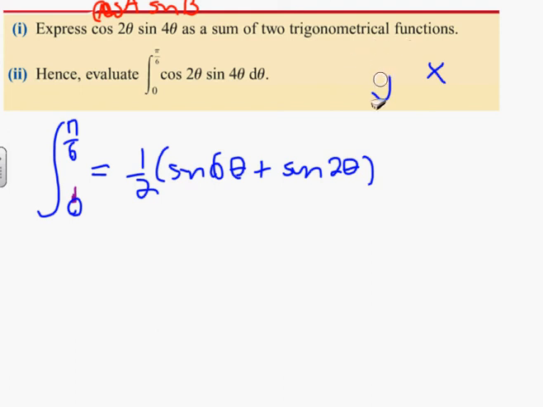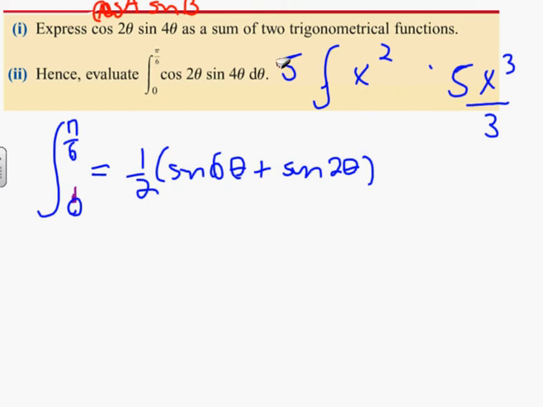The integral of 5x squared would be x cubed divided by 3, times the 5. If I integrate x squared with the 5 outside, I get x cubed divided by 3, and then multiply by the 5, and you get the same answer either way.